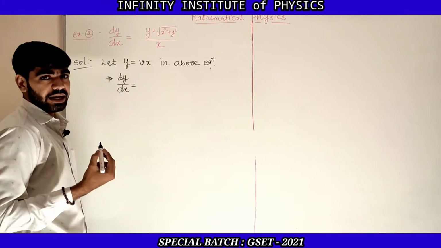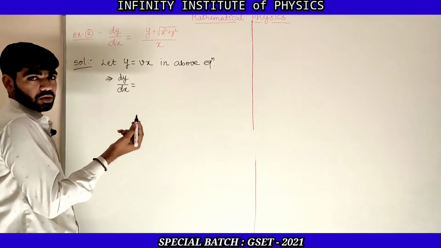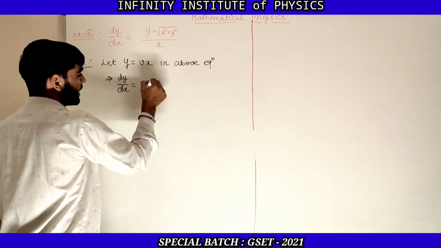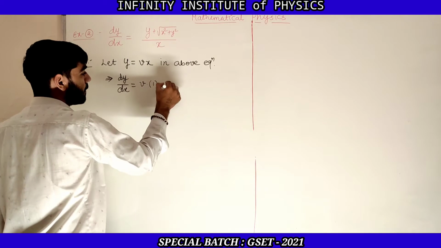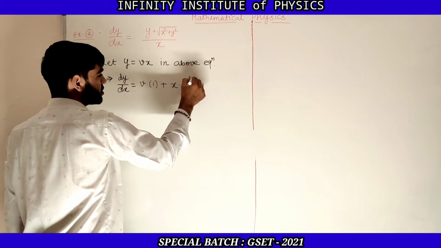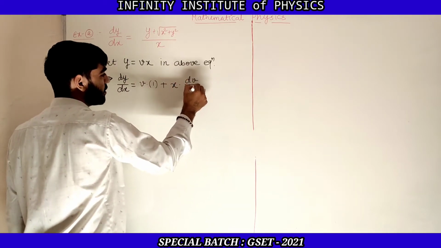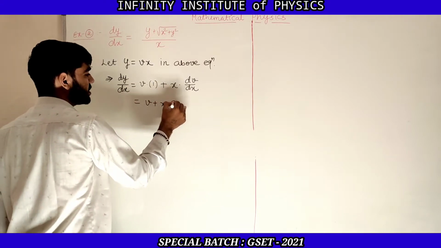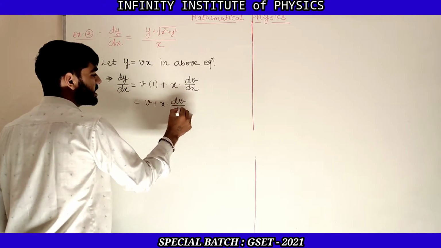So here we need to apply the product rule for differentiation. First v as it is, differentiation of x with respect to x is 1, plus x as it is, differentiation of v with respect to x is dv by dx. So we can write this as v plus x into dv by dx.